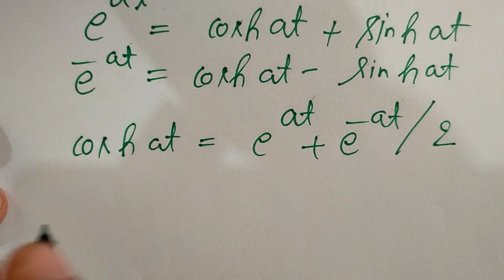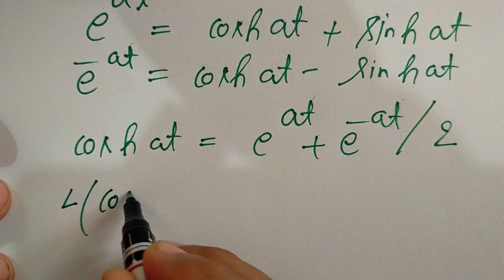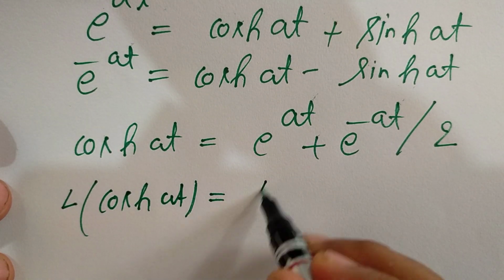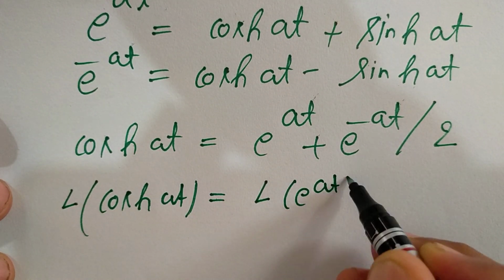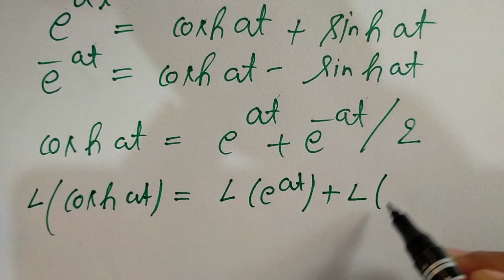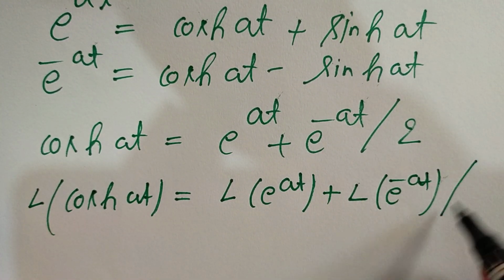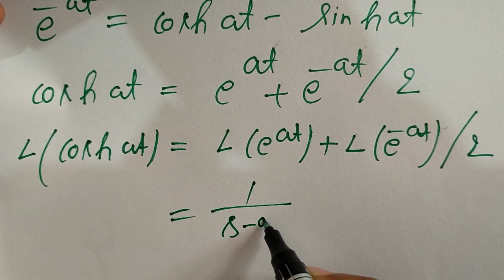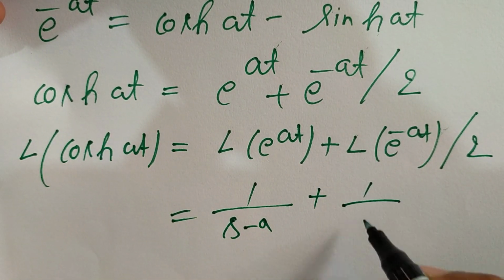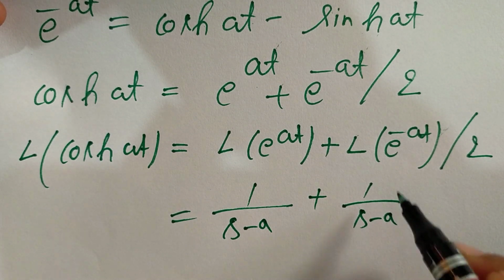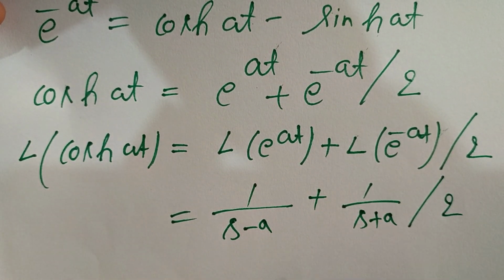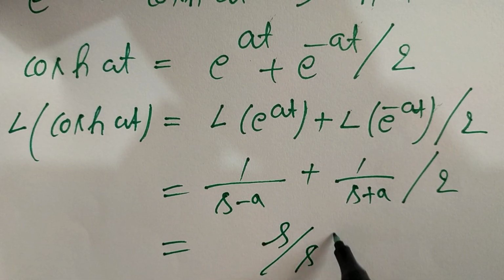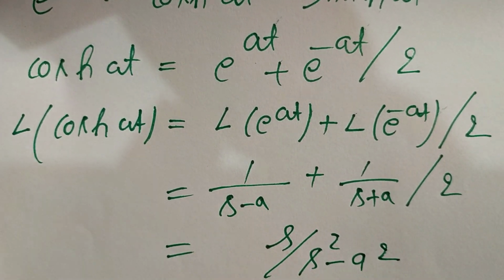Now Laplace transform of cos h at equal to Laplace transform of e power at plus Laplace transform of e power minus at, by 2. So this will be 1 upon s minus a plus 1 upon s plus a, by 2. So if you simplify, we get s upon s square minus a square.